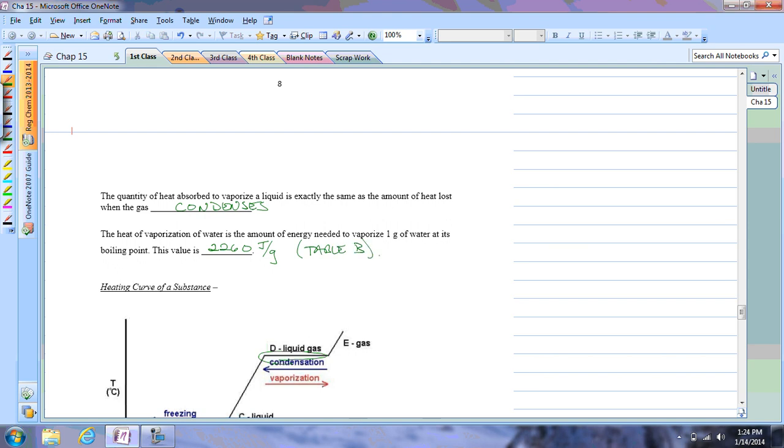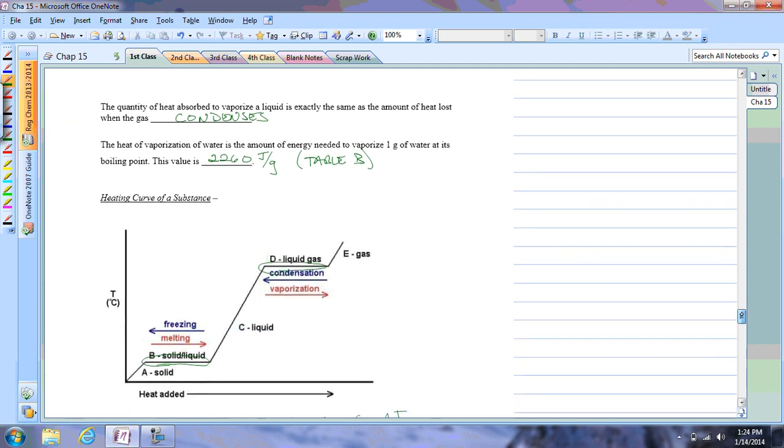So if you are given a question at the melting point or the boiling point, you cannot use Q equals MC delta T. Instead, we have to use the equations that are found in the reference table on the back, table T. So why don't you get out your reference table really fast.